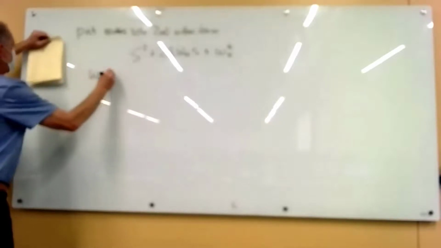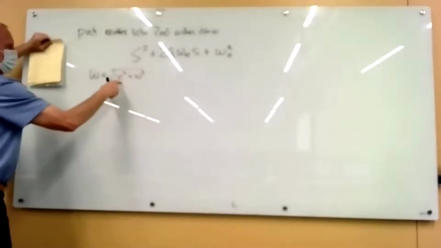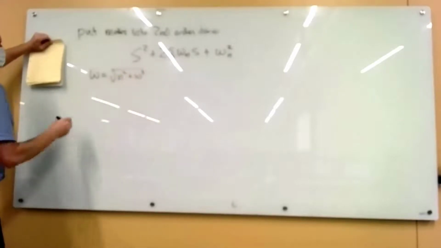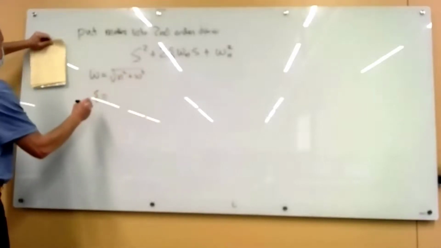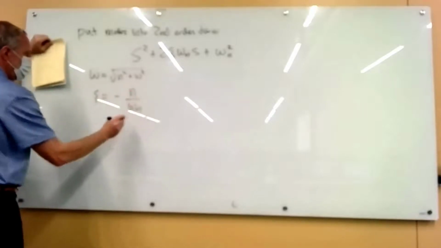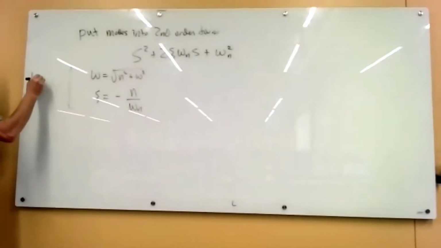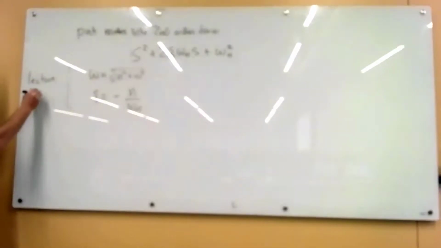We have omega is the square root of the real part squared plus the imaginary part squared. And the damping ratio is the real part divided by that natural frequency. So this was lecture two days ago, something like that.